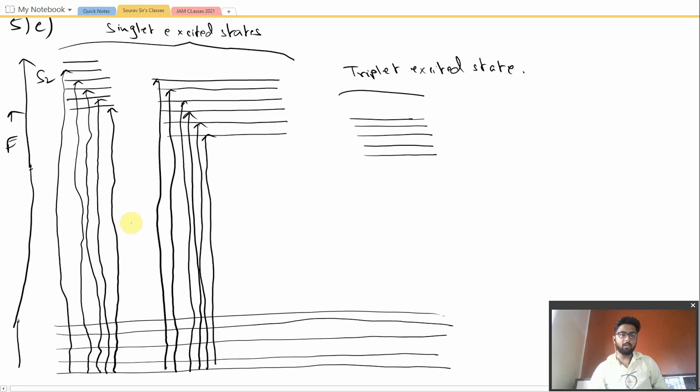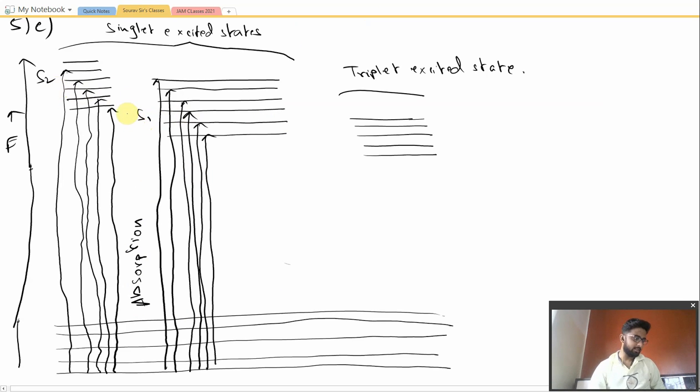I'm just writing it horizontally. Absorption. Now, this one was the S2 state.